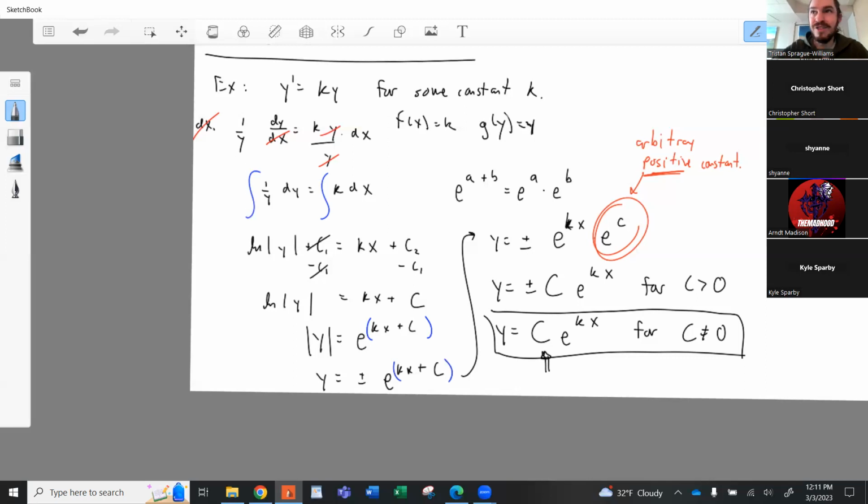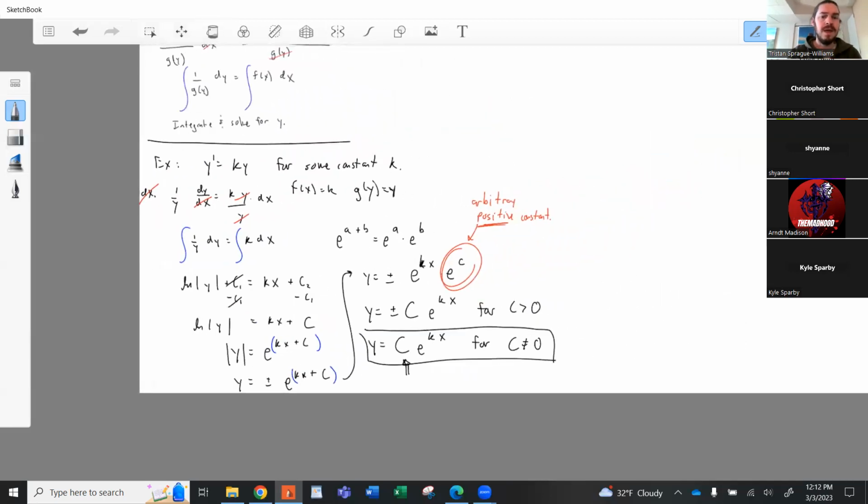So it's like we lost the negative numbers, but then we gained them back again because of the plus or minus from the absolute value. So that's how we obtained that general solution to this differential equation that I told you about yesterday. I already told you this was the answer yesterday, but without any explanation. Now, here's the proof, here's the explanation.